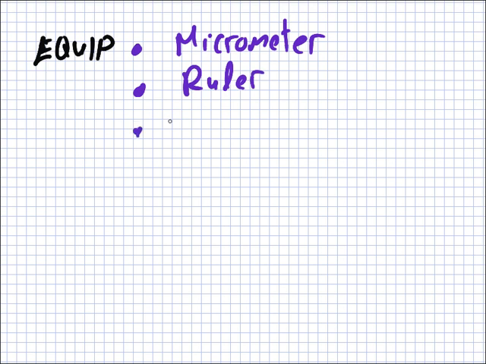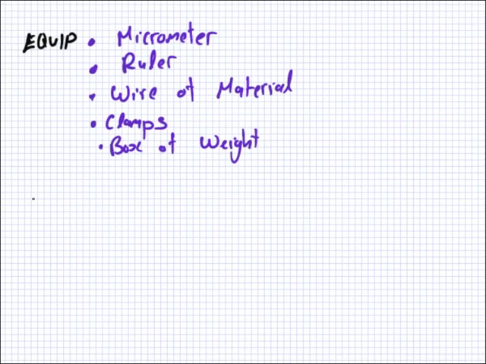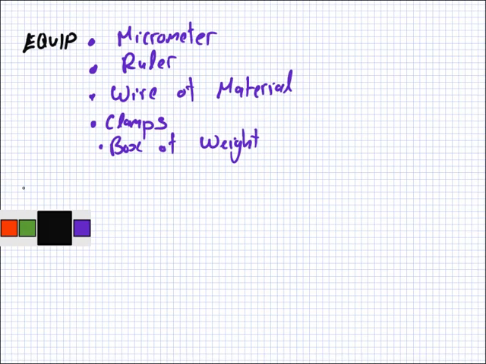You'll also need a wire of the material. So for example, if you want to measure Young's modulus of copper, then you need to use a copper wire. If you want to measure Young's modulus of steel, then you need to use a steel wire. And then lastly, you need clamps and a box of weights. And what's the diagram?